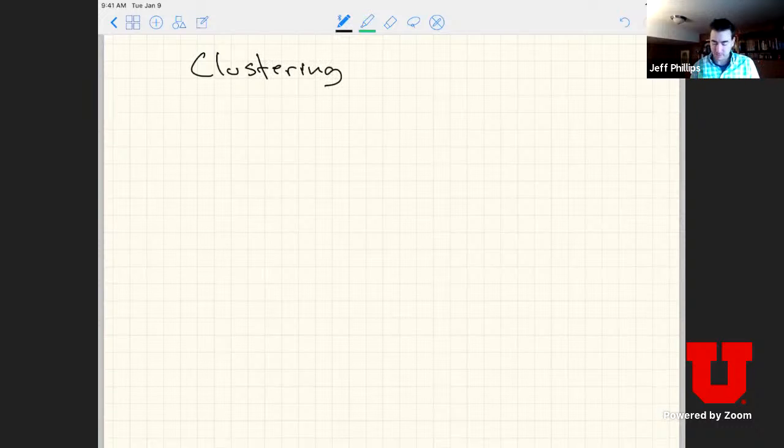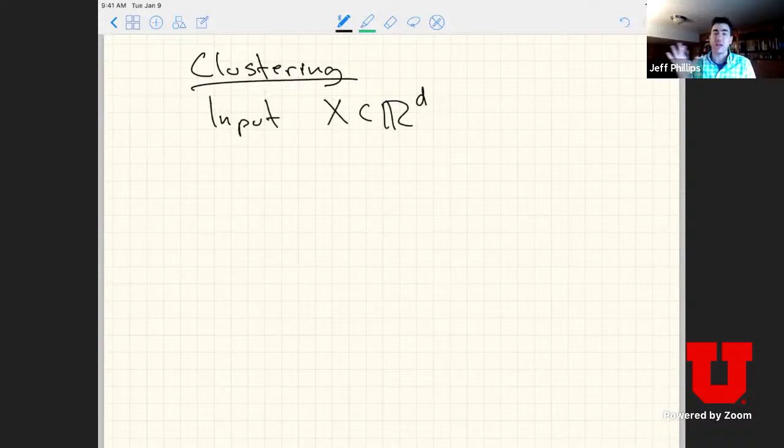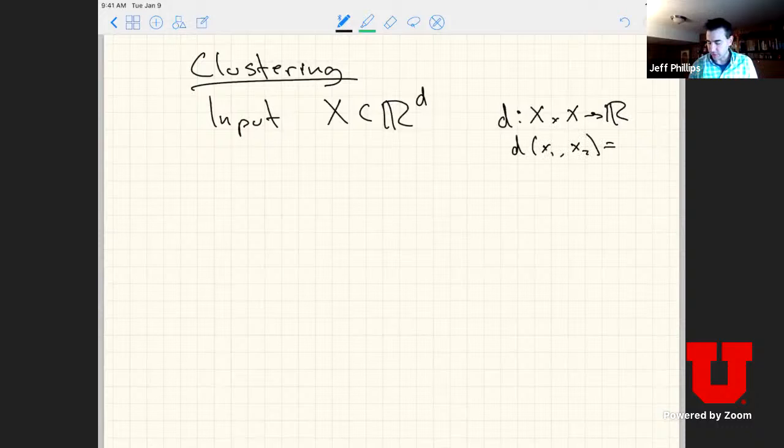This is the assignment-based clustering, where the input X is going to be a subset of R^d, and we're going to stay in R^d all lecture today. If you go to the data mining class or other places, you'll see stuff where it's not in R^d so much, but it means we're going to have a distance between these, and this distance between x1 and x2 is just going to be the Euclidean distance. Maybe we'll tweak this.